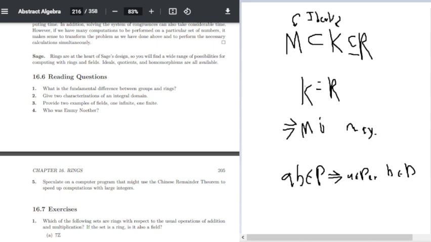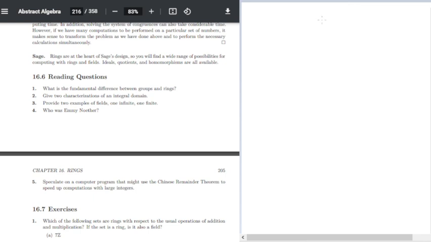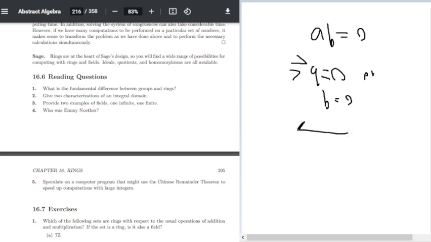My brain is blanking. I know there's stuff about... oh wait, yeah, I'm being very dumb. So, AB equals 0 implies A equals 0 or B equals 0. Or equivalently, AB is equal to AC implies that B is equal to C. These are the same as saying that we have an integral domain.